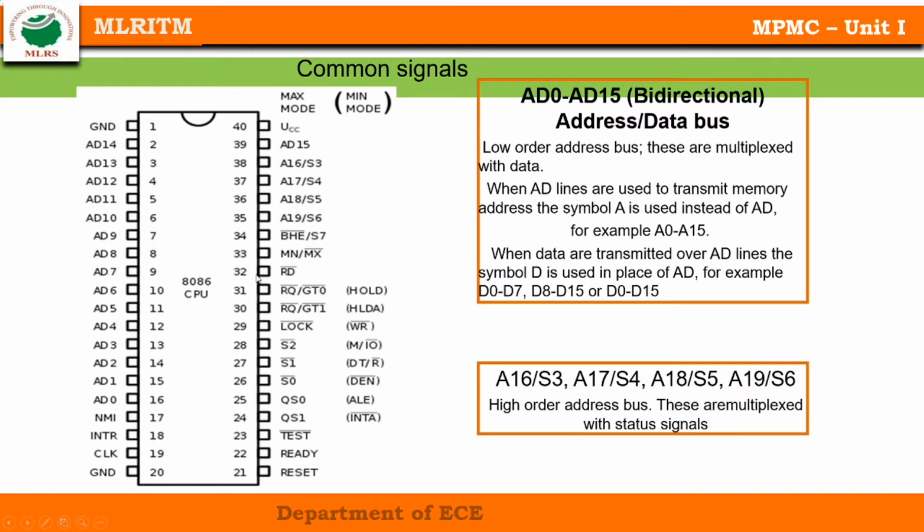Next, pin number 32 is read. Pin number 33 is used to select either minimum mode or maximum mode. Pin number 34 is used to select the higher order data lines. Pin number 35 to pin number 38 are multiplexed address and status signals.